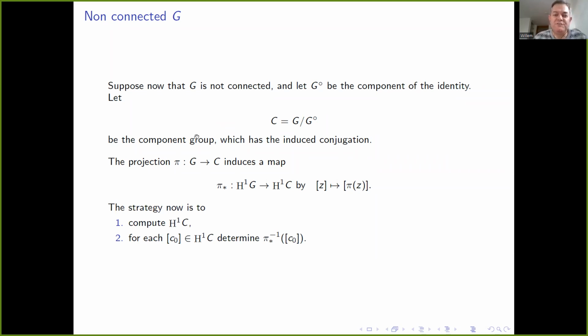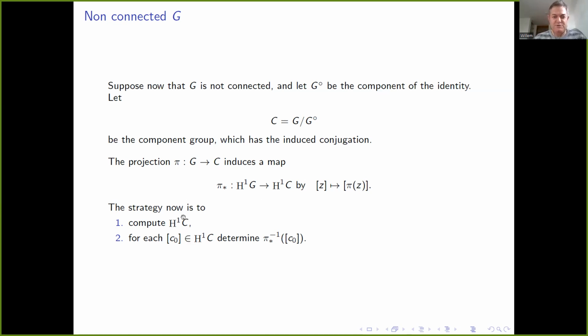I want to compute the set H1 of G, and I make a map to something else. And then I say, well, I want to know all the inverse images. That's of course a very easy way of computing anything. You just make a map from your desired thing to something else, and then you take inverse images. Of course, the problem is how to get these inverse images.